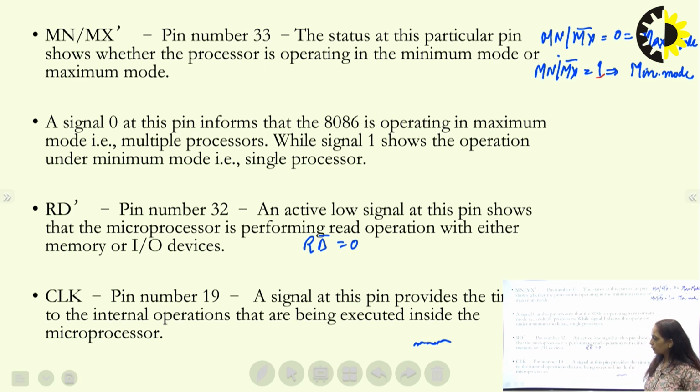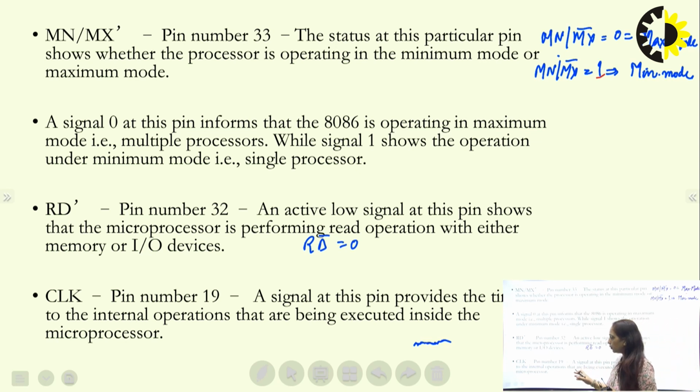Then we have clock, which is connected at pin number 19. This clock signal is present at pin number 19 so that it can provide the timing to the internal operation. We can have the synchronization between the internal processes.